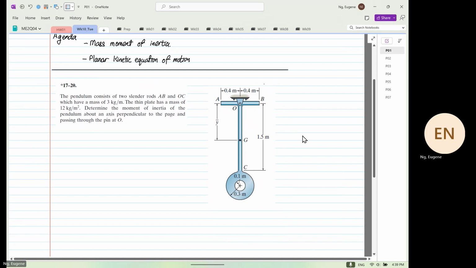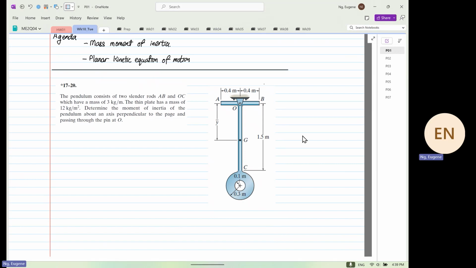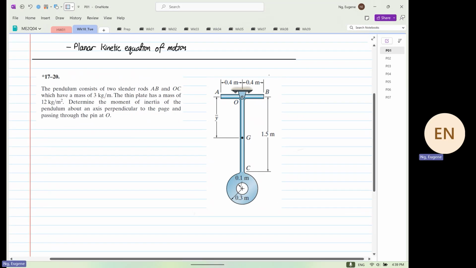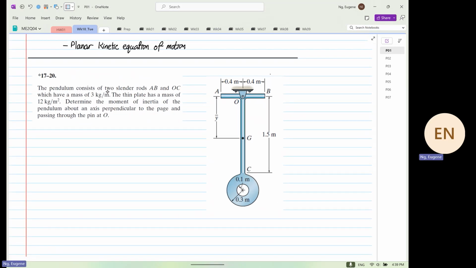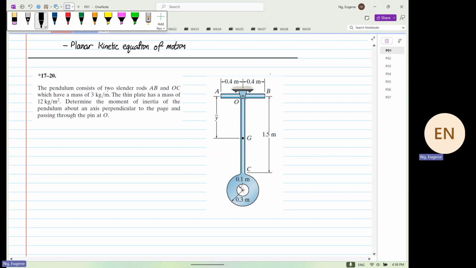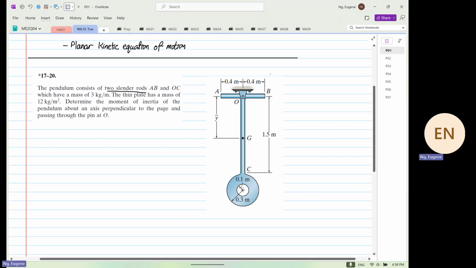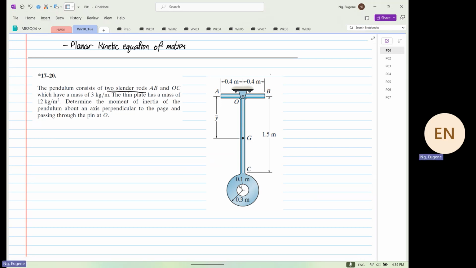Okay. Example. So this is the final example, and it's not that bad. Mass moment of inertia. The pendulum consists of two slender rods, AB and OC, which has a mass of 3 kilograms per meter.